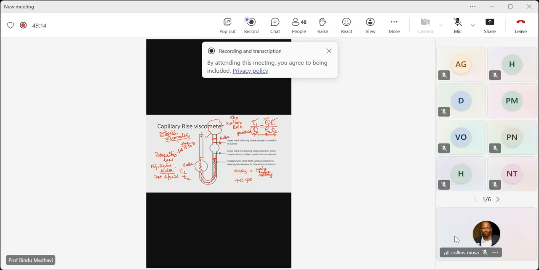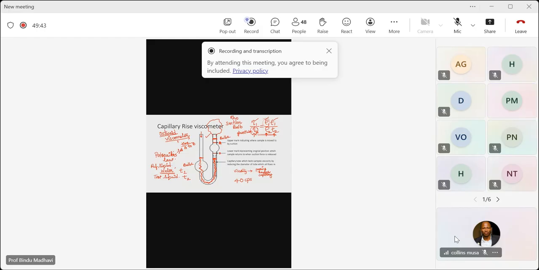For both the liquids, you are using the same capillary. So the dimension is not going to have much effect because it's a comparative evaluation, but the manufacturer will take care of keeping the dimensions in such a way that liquid flows easily. He's not going to keep it very broad and he's not going to keep it very narrow.